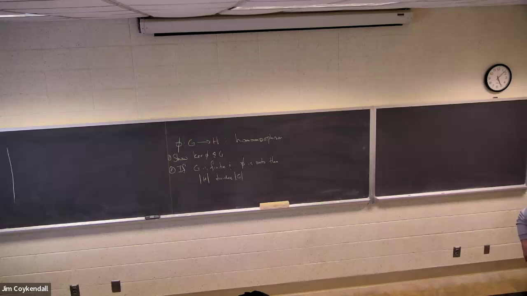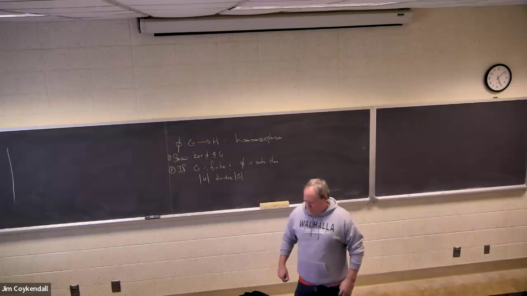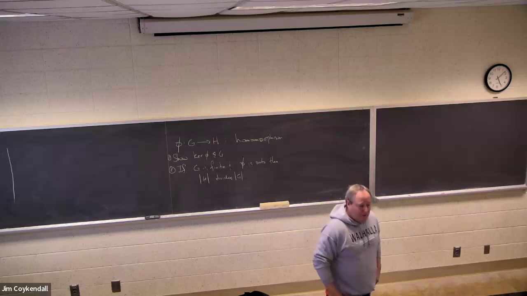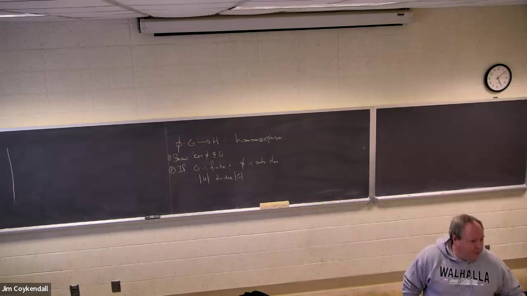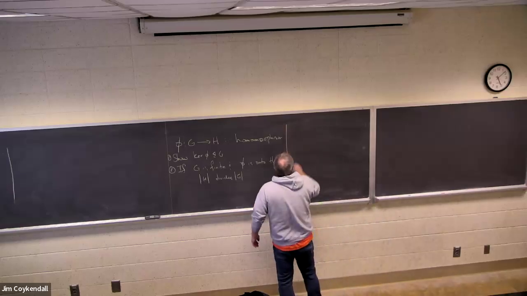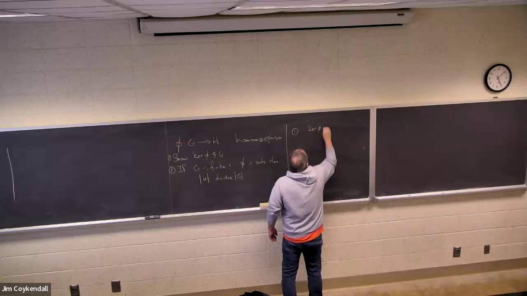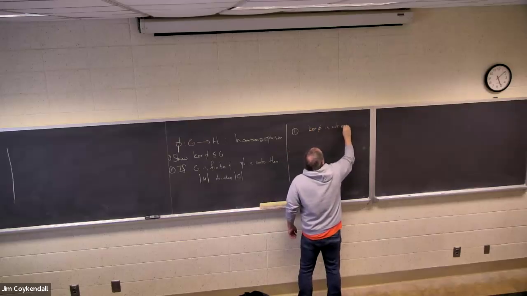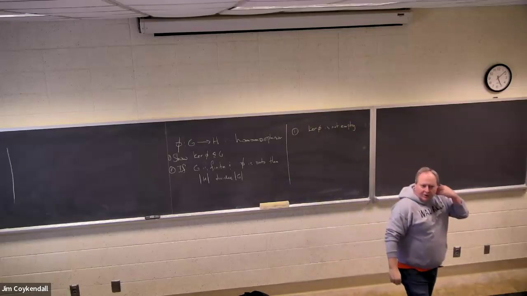Okay, what's the first thing we've got to do there? I just want you all to be careful because you need to show it's a subgroup, right? Because to be normal, first and foremost, it must be a subgroup. So let me first point out that the kernel is not empty.